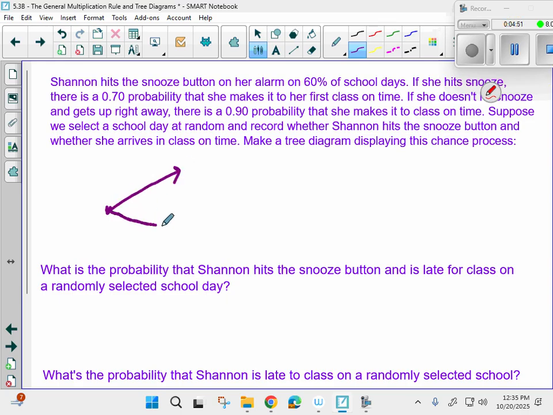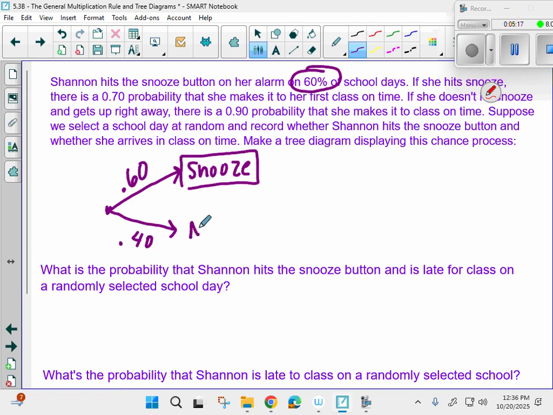And this is what a tree diagram looks like, okay? We have two outcomes on the first one. She hits the snooze button 60% of the time, so I'm going to put 60% or 0.6. Which means what percent of the time no snooze? 40% of the time, no snooze.